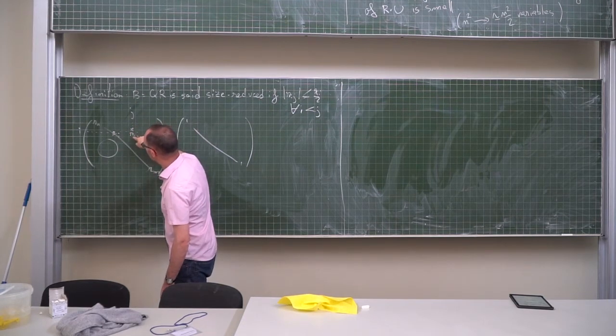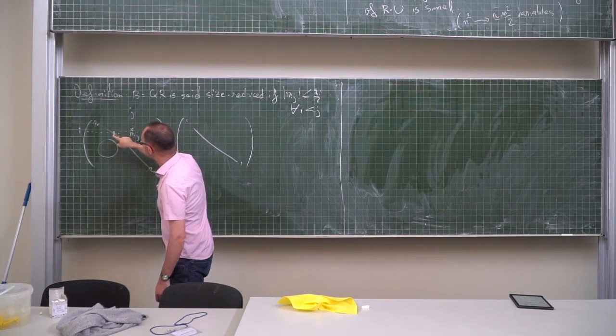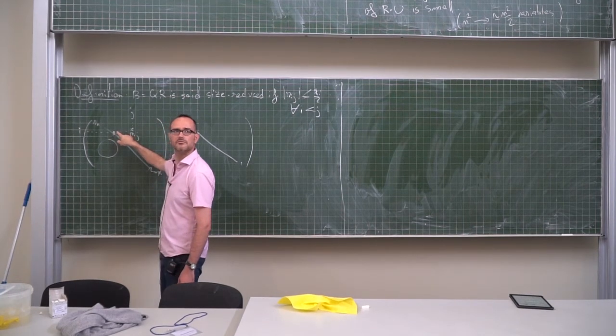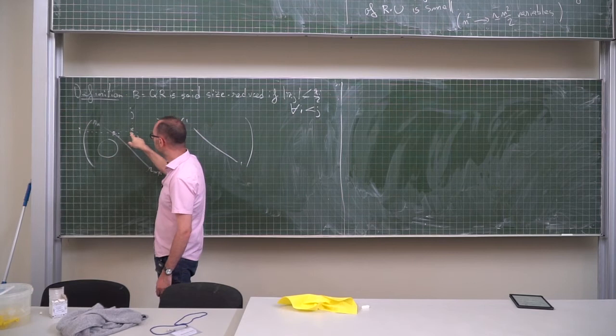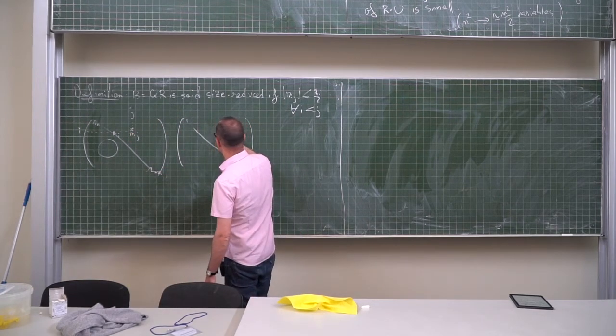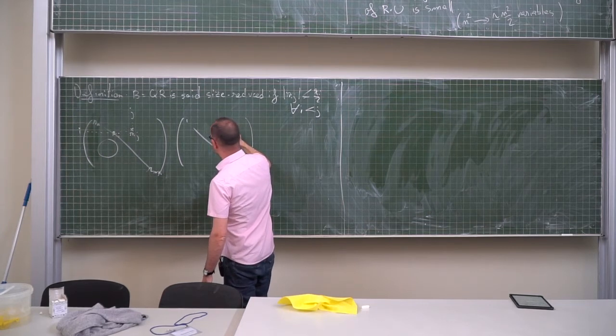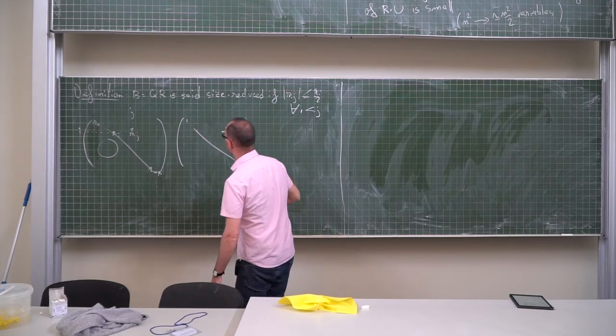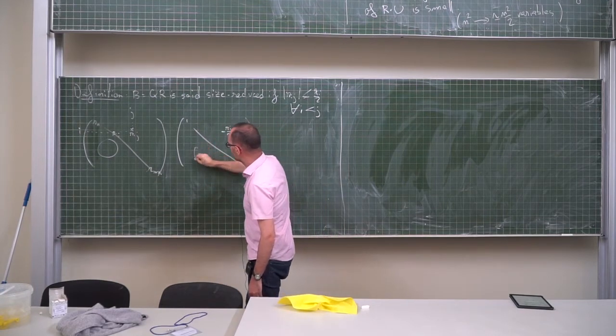So if I subtract R_ij over R_ii times column i from column j, it will cancel out this coefficient. So that would be minus R_ij over R_ii, and the rest is just zeros.